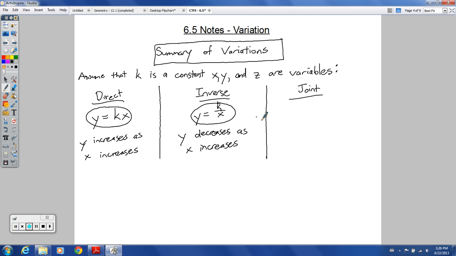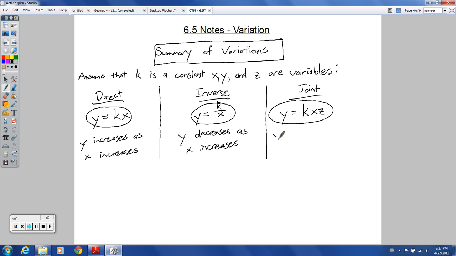And then joint variation, it's kind of like you're joining things together. You're joining variables together. And so it looks something like this. This k, again, is just some number that we'll know the value of, and then the x and the z will be variables in this case. So this is what joint variation looks like.